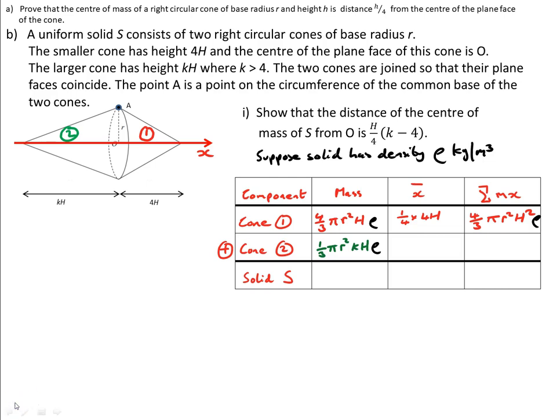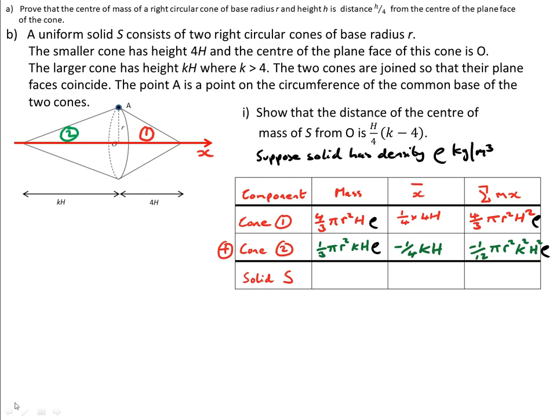The centre of mass for cone 2 will be 1/4 of kh away from O, but it's in the negative x direction. So the centre of mass for cone 2 has an x coordinate of -1/4 kh, which means that the sum of the mx's for cone 2 is going to be -1/12 of pi r squared k squared h squared times rho.